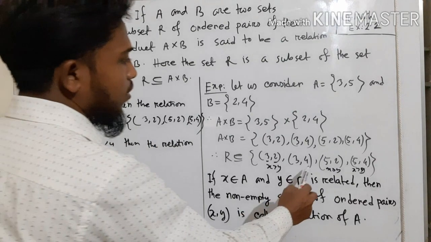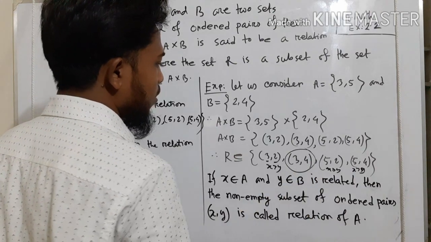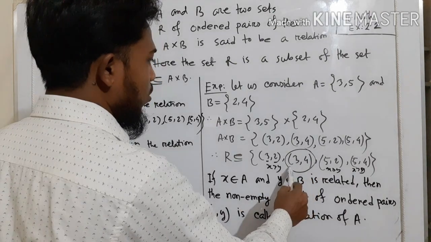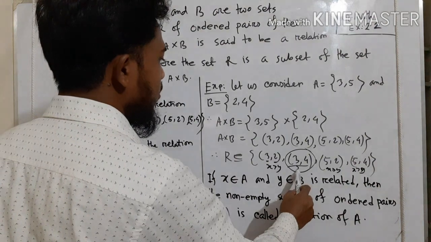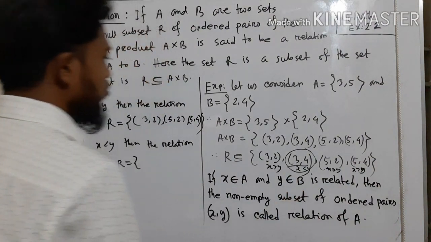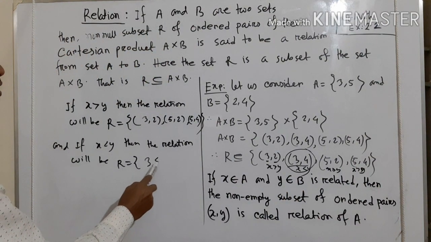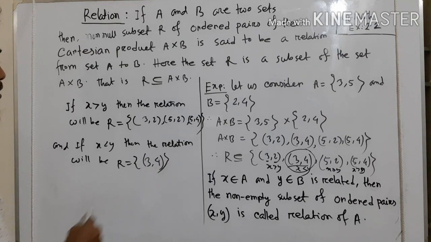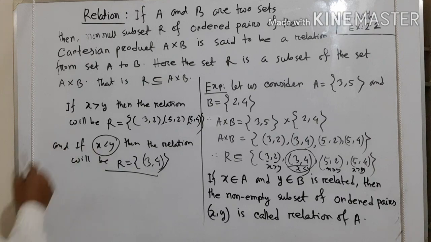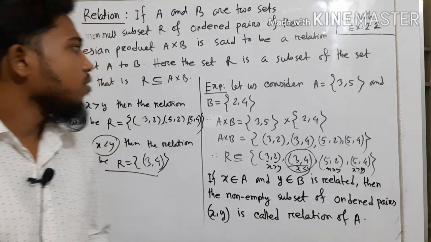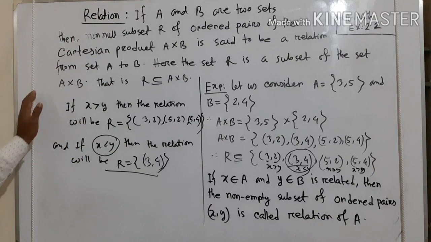So, here we see that in this Cartesian product, the ordered pair set has x less than y. So, we take (3, 4). This is our relation according to the condition x is less than y. I think all of you have understood the relation and the use of its condition.